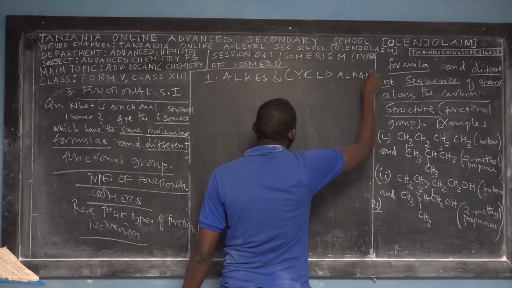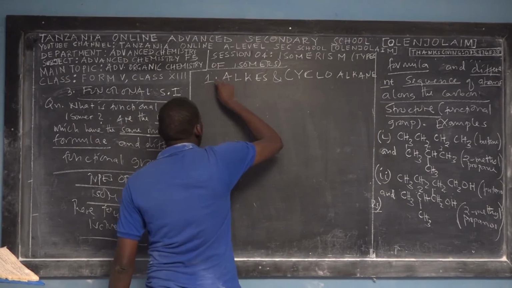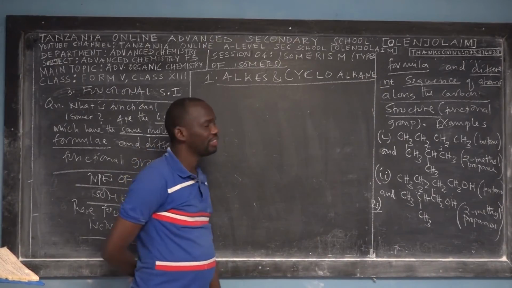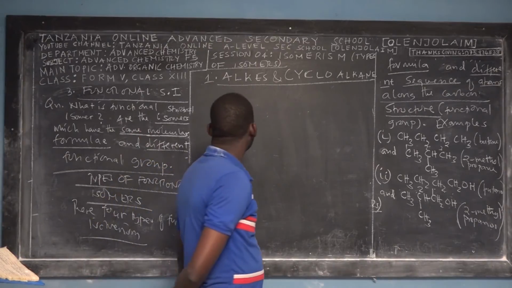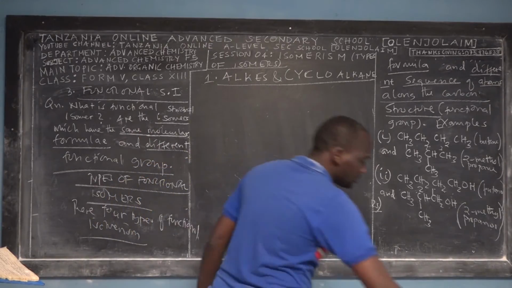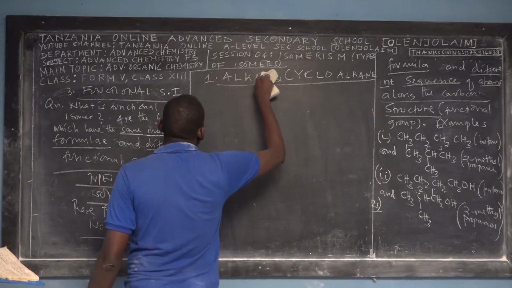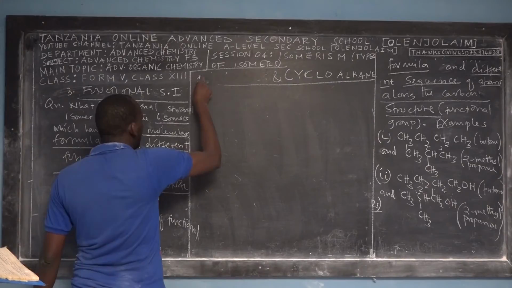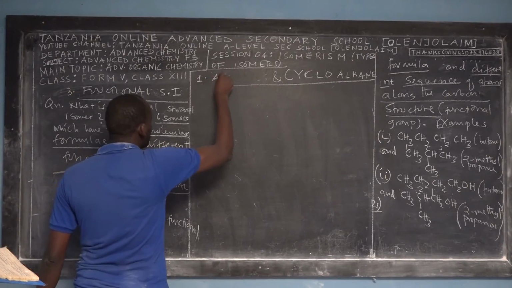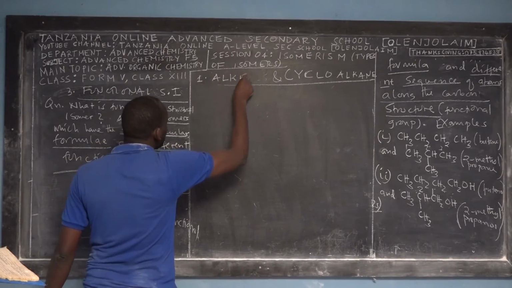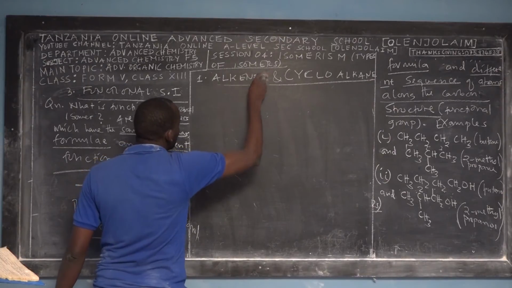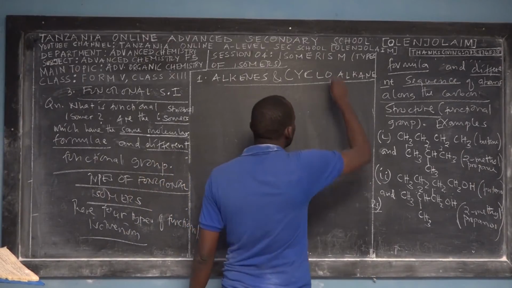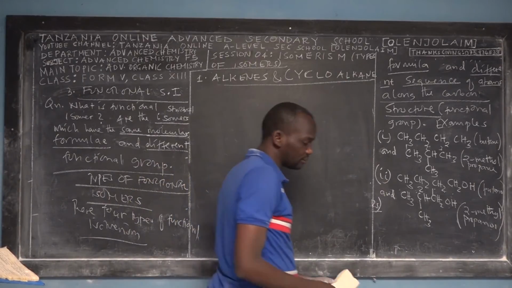It means that regardless of how many carbons, or regardless of the names of those compounds, we say that we have the same molecular formula. So this is alkenes, and cycloalkane. So listen carefully.